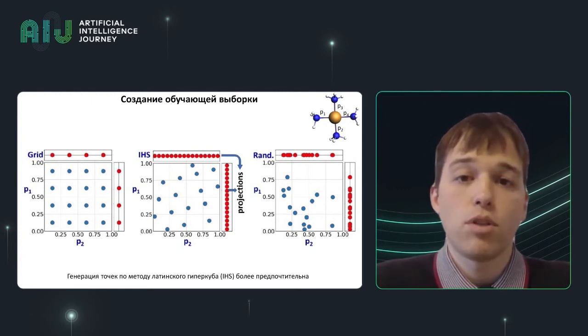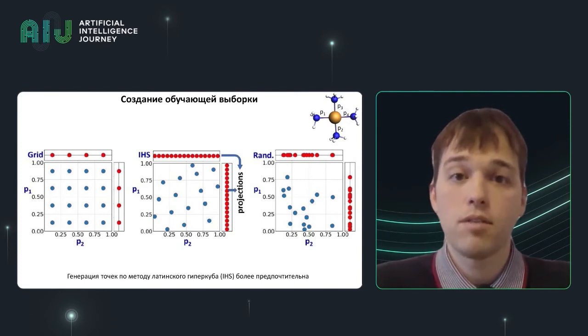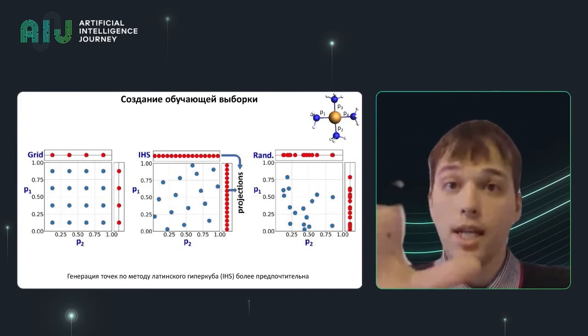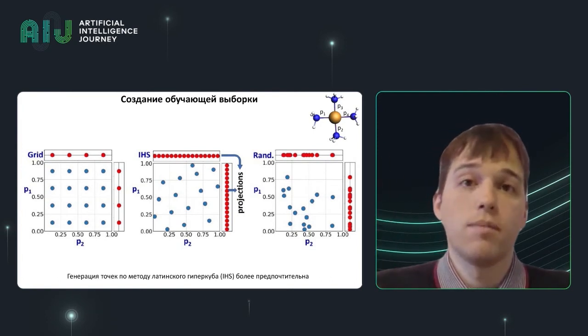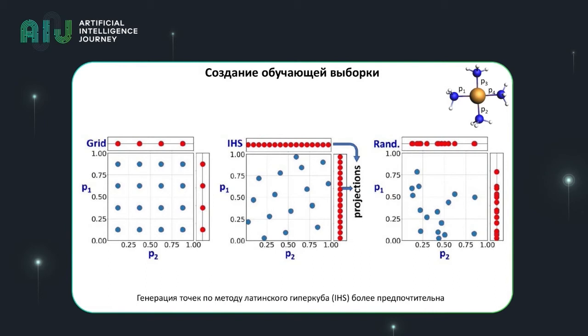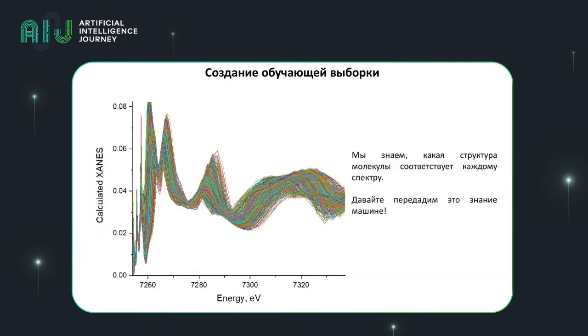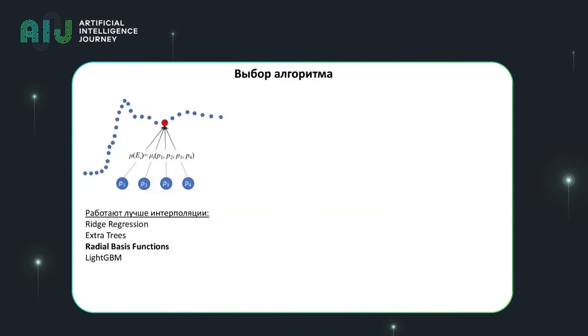Usually we use Latin hypercube, LHS, that by using the same amount of points enables us to put them in a way that the projections on each and every axis roughly cover the axis.